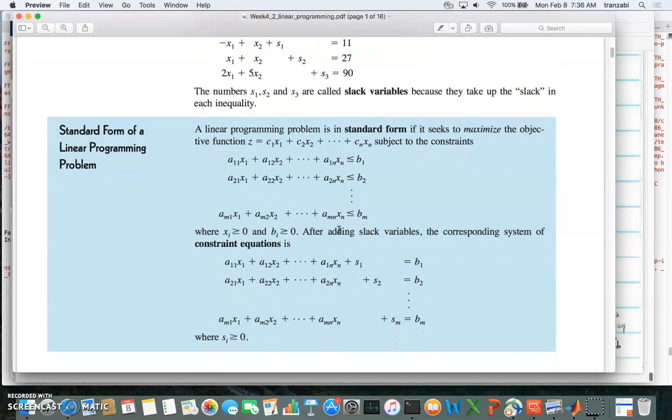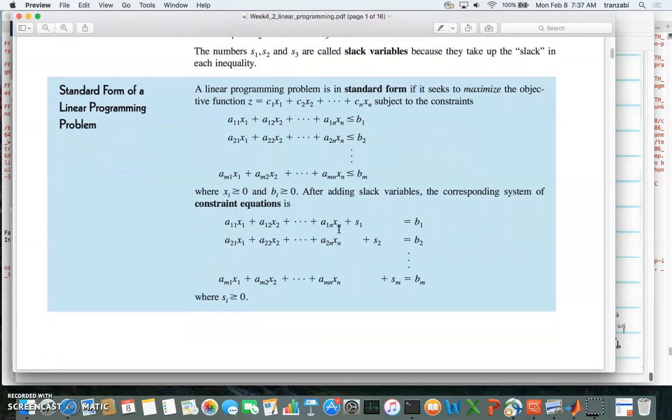So this box actually gives you the standard form of linear programming. In the standard form, we always maximize the objective function subject to less than or equal inequalities. So this is very important. The standard form is maximizing something subject to constraints with less than or equal to.